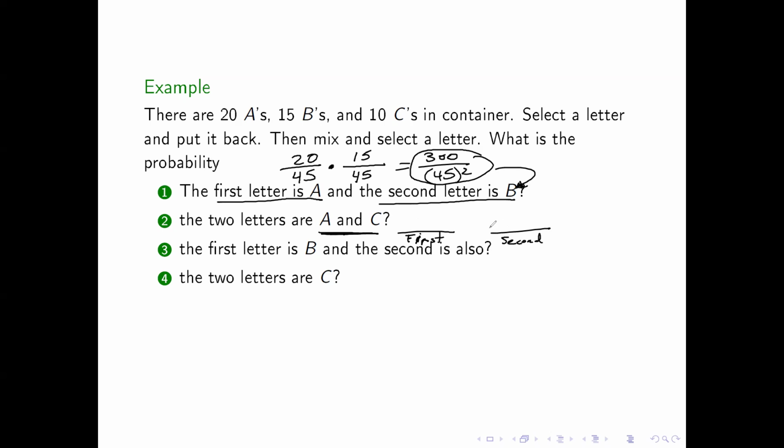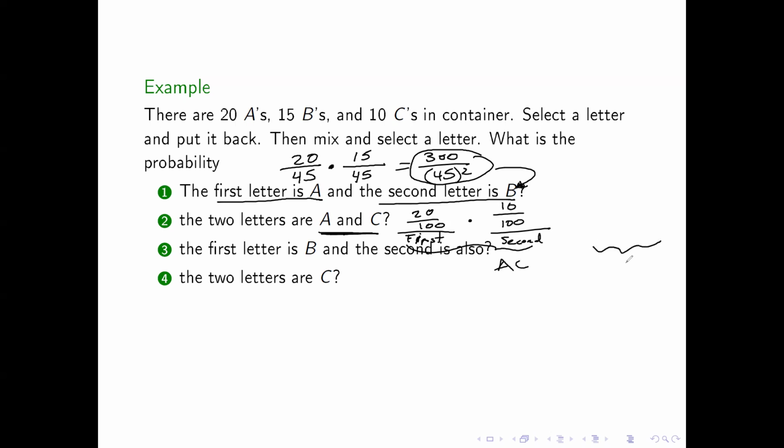Because we assumed an ordering, and then we're actually going to undo our ordering. So if I did this one, I would have 20 out of 100 times 10 out of 100. That would be if I did AC. So this right here is for AC.